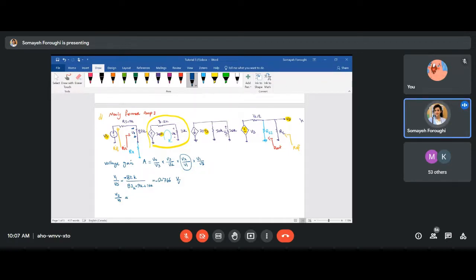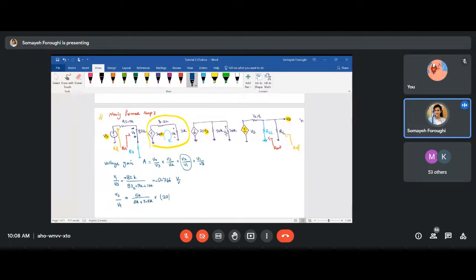I'm doing a voltage division between 5K and 3.2K, so it will be 5K over 5K plus 3.2K times the total voltage in this loop, and the total voltage in this loop is 20 V1. By doing this, you're finding V2, right? Because I want to find V2 over V1, I will drag this V1 down here, and I will clean it this way. See?